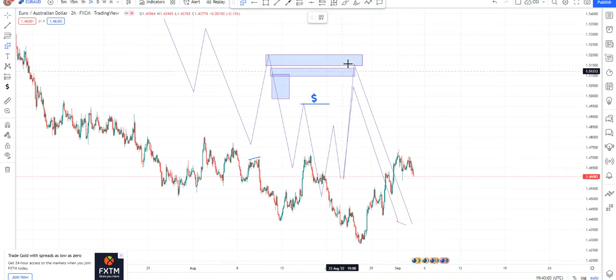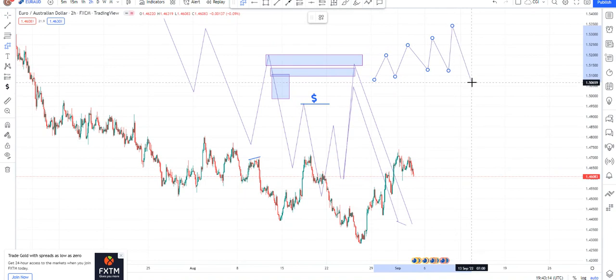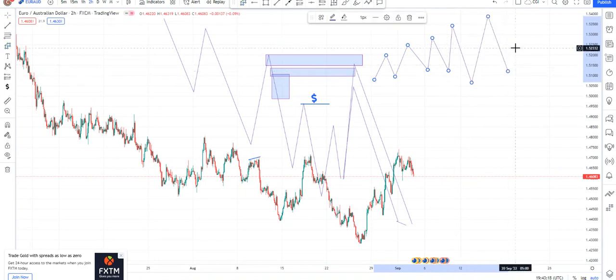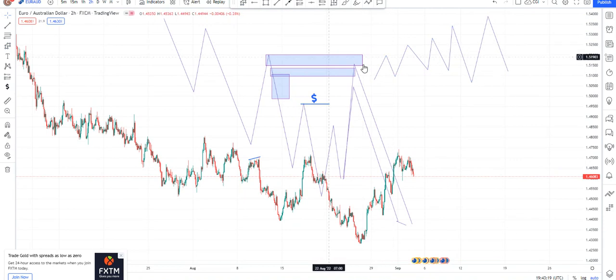So maybe if the price now hits here, okay, even though most times during the Asian session they usually take out the liquidity of the Asian session. So the Asian session, maybe let's say it ranges like this, all right. So they might take out the liquidity up and down before continuing. So the Asian session is just like liquidity engineering. For most mainstream pairs, the price doesn't make any move of note during the Asian session. But if you have USD JPY, all these Asian pairs, all right, you might see something nice.